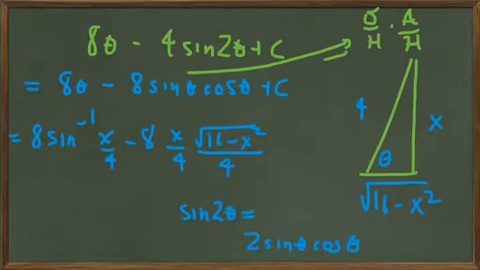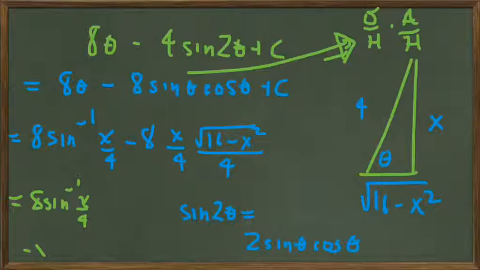So let's make note here that sine times cosine is opposite over hypotenuse times adjacent over hypotenuse, and when we multiply all of this out, we get 8 sine inverse of x over 4 minus x times the square root of 16 minus x squared divided by 2 plus c.